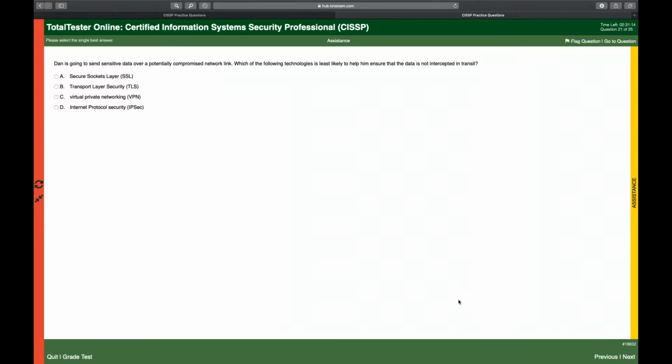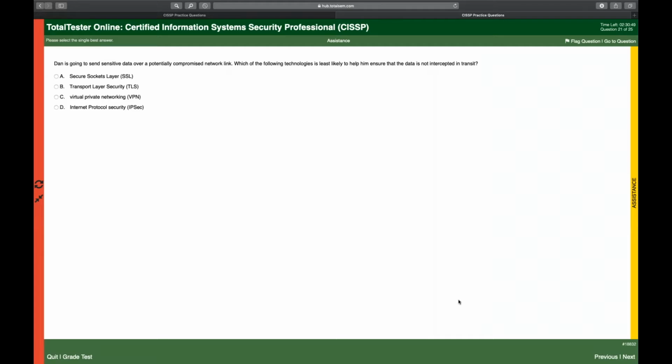21, Dan is going to send sensitive data over a potentially compromised network link. Which of the following technologies is least likely to help him ensure that the data is not intercepted in transit? Okay.